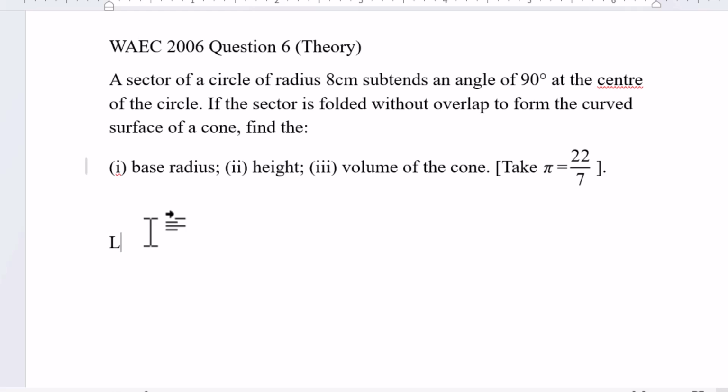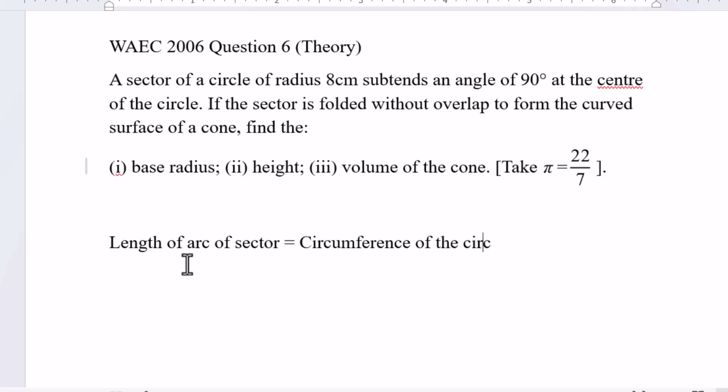I said the length of arc, very important. The length of arc of the sector, we said, is equal to the circumference of the circle.